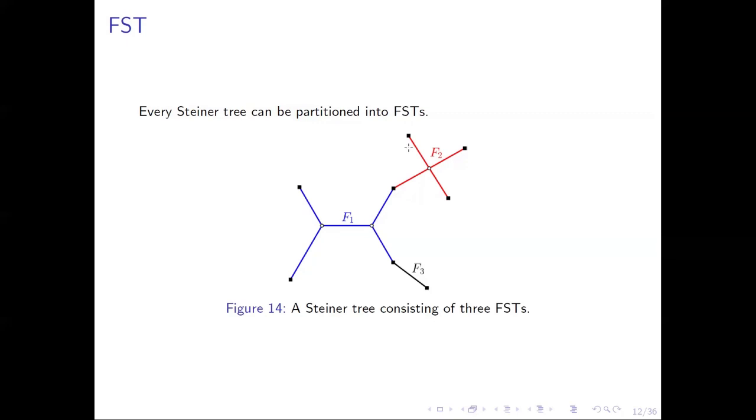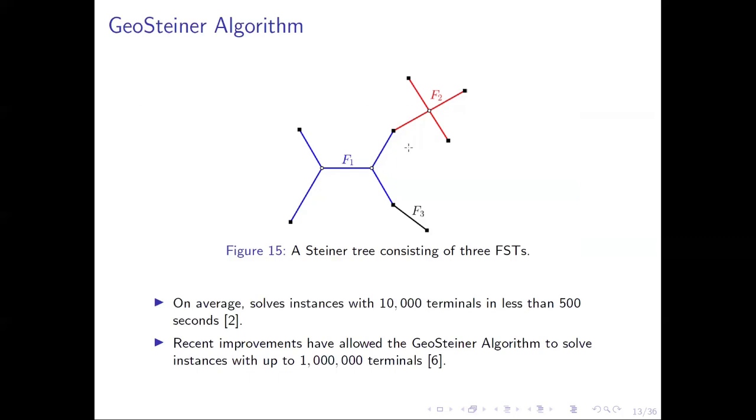Okay, so we want to address the restricted problem where we limit the number of Steiner points to some number k, but we're first going to go back to the minimum Steiner tree problem where we're allowed to have an unlimited number of Steiner points. There's an exact algorithm called GeoSteiner, which can solve the minimum Steiner tree problem, and it's very efficient.